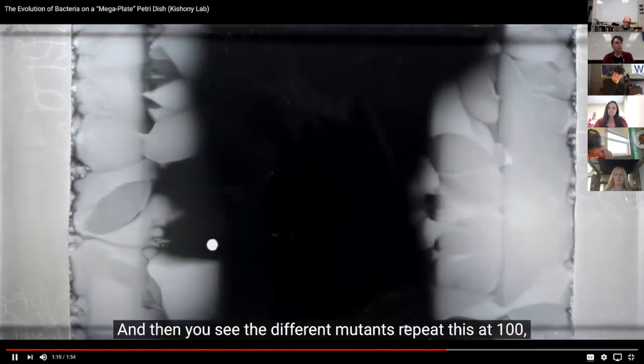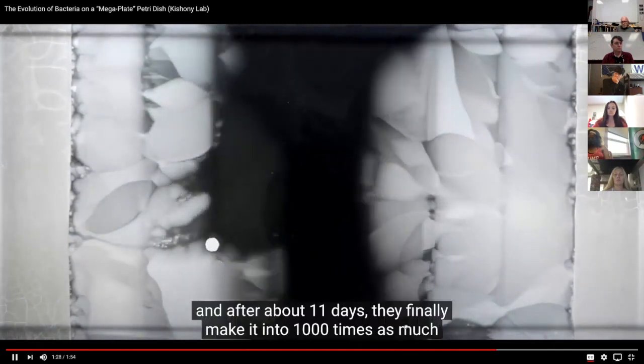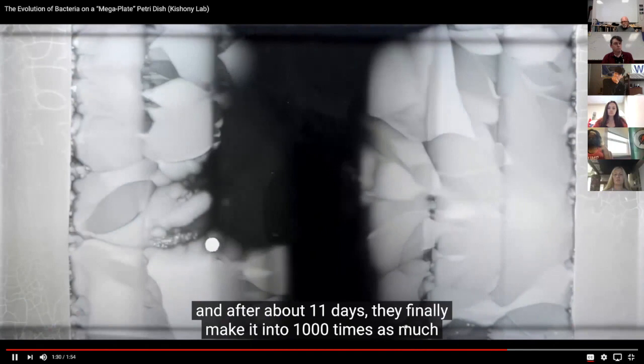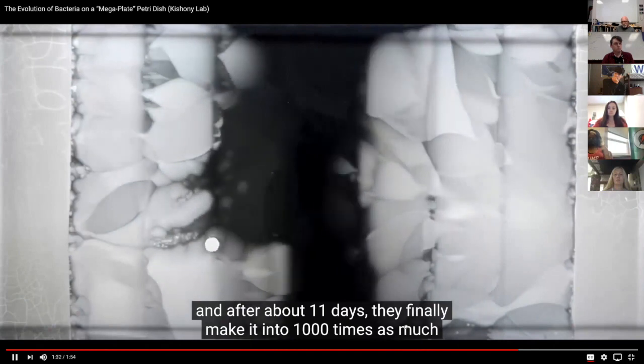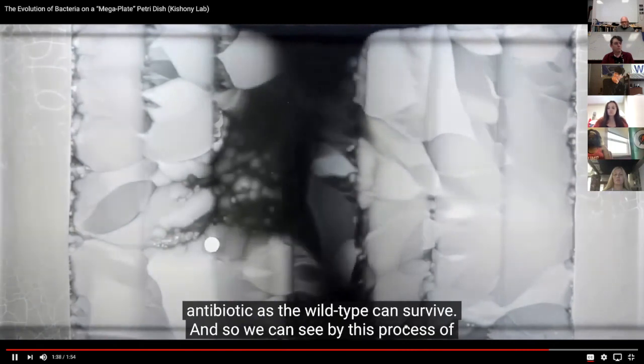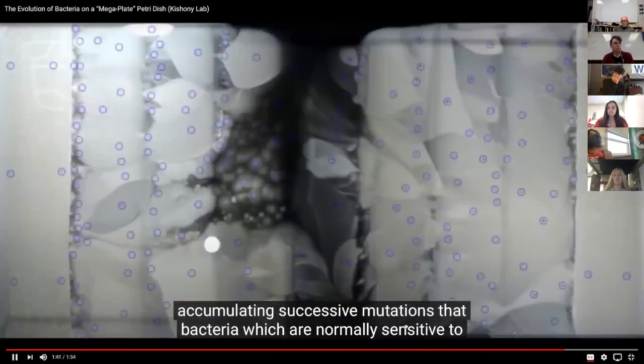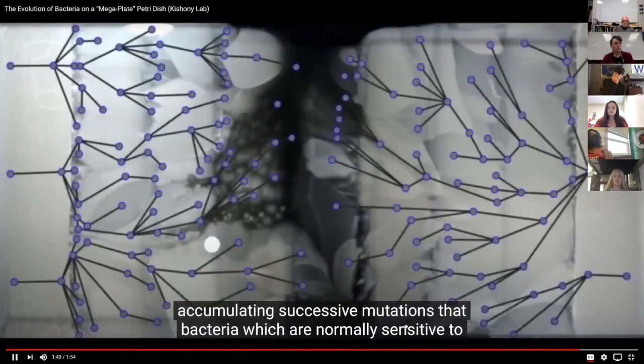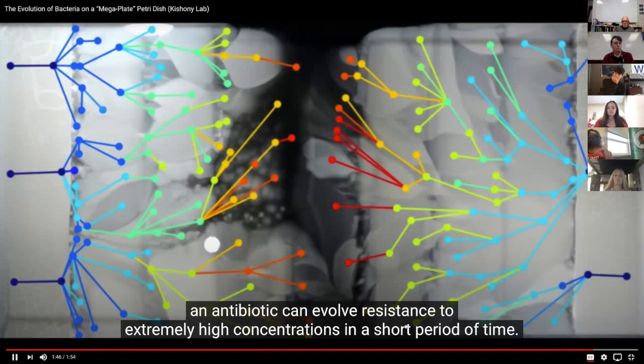Then you see the different mutants repeat this at 100. And after about 11 days, they finally make it into 1,000 times as much antibiotic as the wild type can survive. And so we can see by this process of accumulating successive mutations that bacteria, which are normally sensitive to an antibiotic, can evolve resistance to extremely high concentrations in a short period of time.